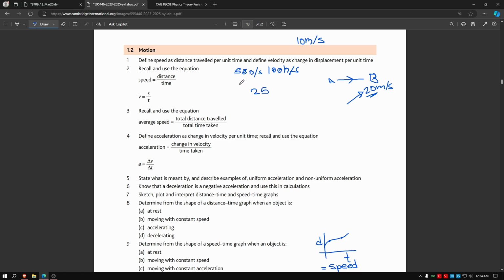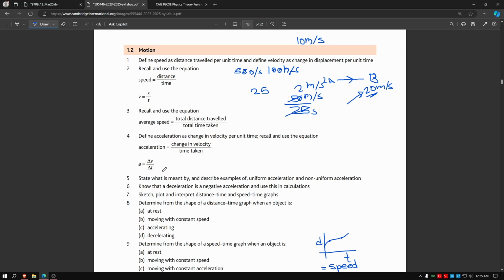The difference is 50 meters per second, the change in velocity, and the time taken is 25 seconds, so 50 divided by 25 is 2 meters per second squared, because the units multiply: seconds and seconds.